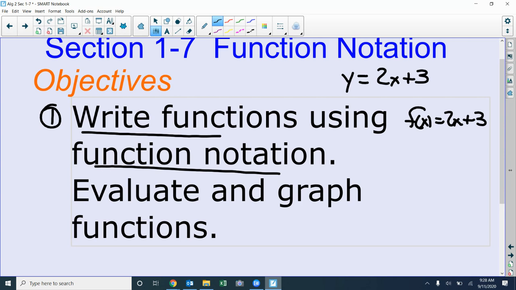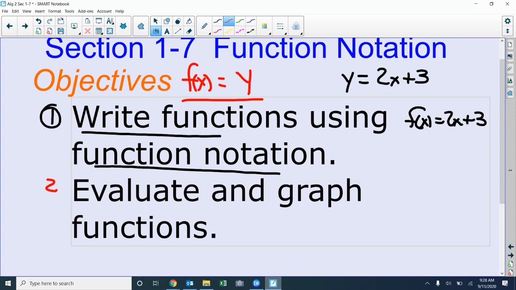You've used function notation in Algebra 1, didn't you? Nothing earth-shattering. You should realize that f of x and y can be interchanged. They're really similar, aren't they?